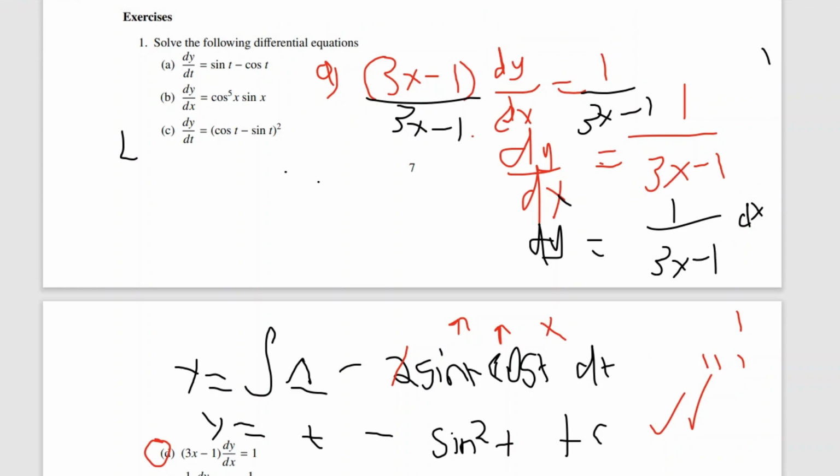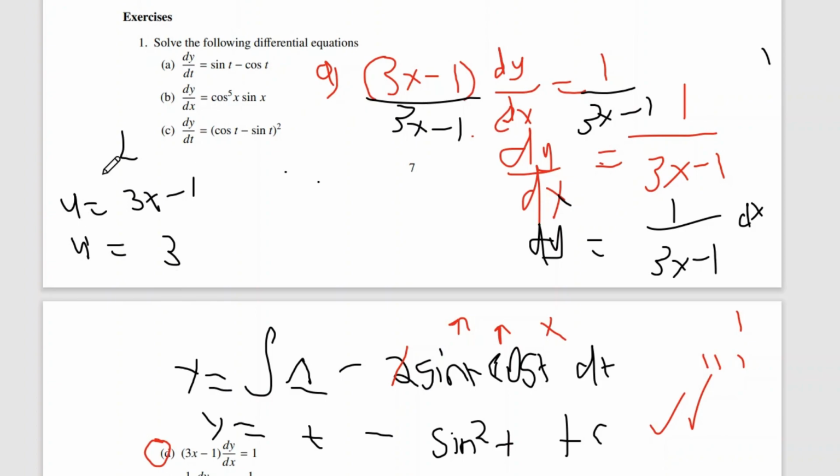Then we're gonna use u substitution as well. Here, let u equal 3x minus 1. Then the derivative will be equal to 3.